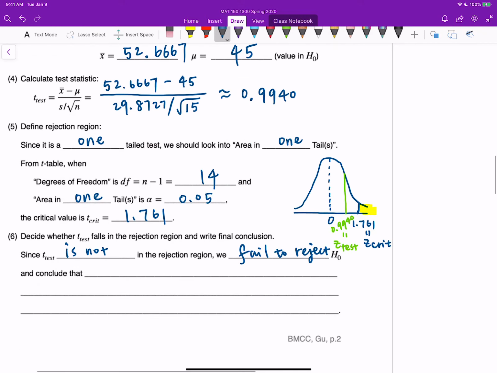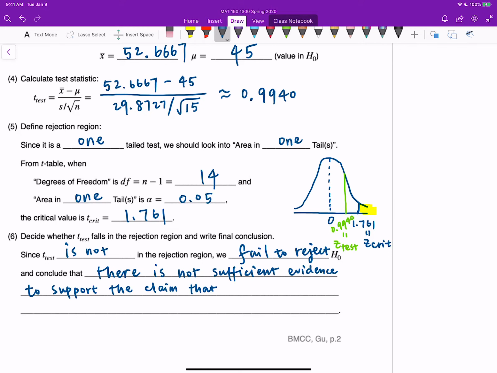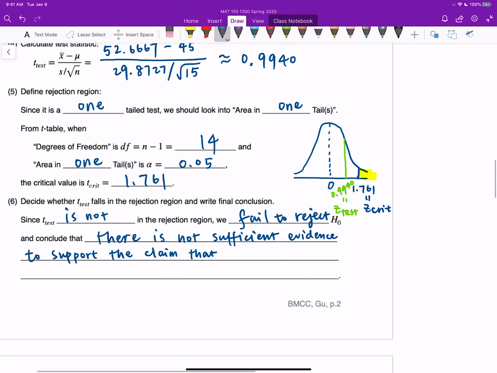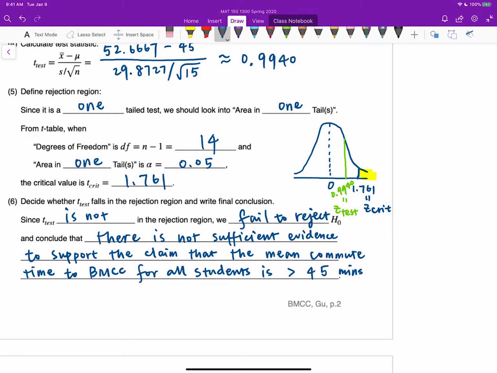So what you could say is there is not sufficient evidence to support the claim, and then you just copy the claim: the mean commute time to BMCC for all students is greater than 45 minutes.